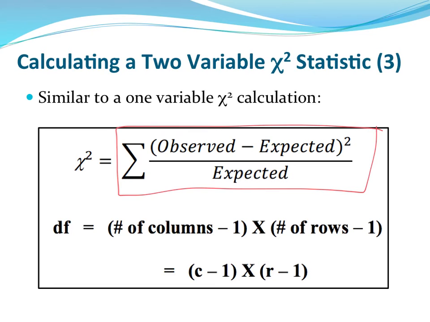Our degrees of freedom will be the number of categories of our one variable, which another way to look at would be the number of columns in our table, or C, minus 1, times the number of categories of our other variable, which another way to look at would be the number of rows in our table, or R, minus 1. When conducting a two-variable chi-square test in SPSS, SPSS will also calculate the degrees of freedom, test statistic, and p-value associated with your test statistic for you.